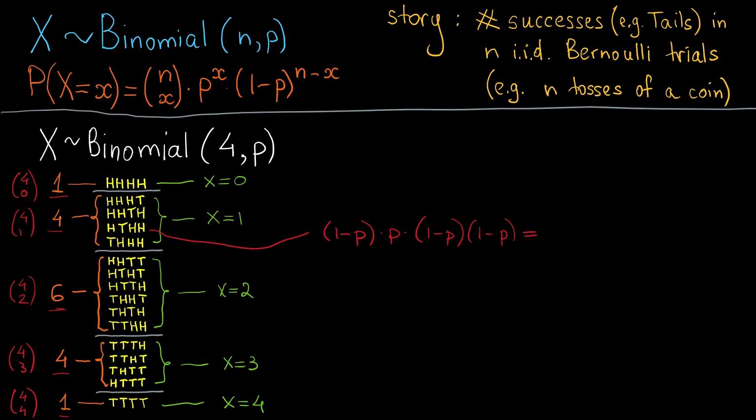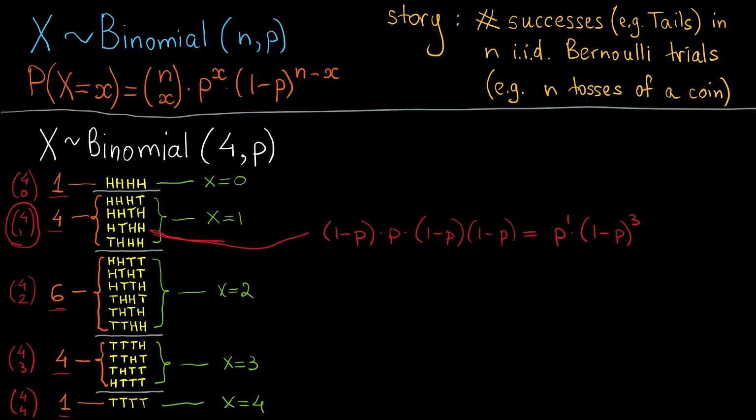Now the order of multiplication certainly doesn't matter, so we can write this as p to the power of 1 times 1 minus p to the power of 3. Okay, so that's the probability of this outcome here, but there are 4 of them here, right? And this 4 choose 1 gives us that count of 4.